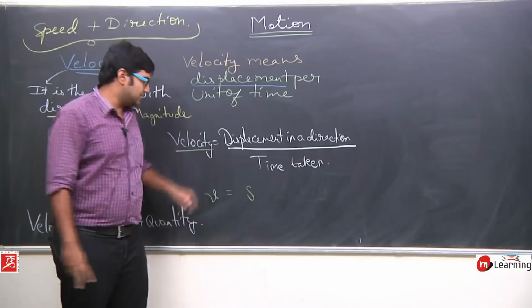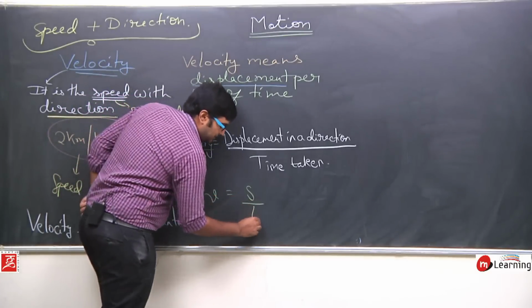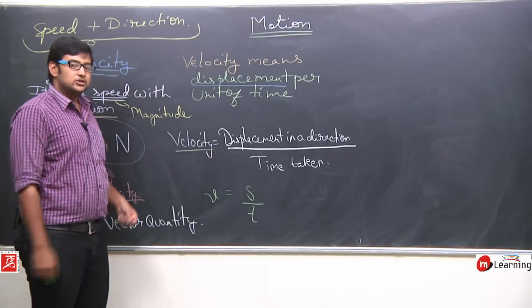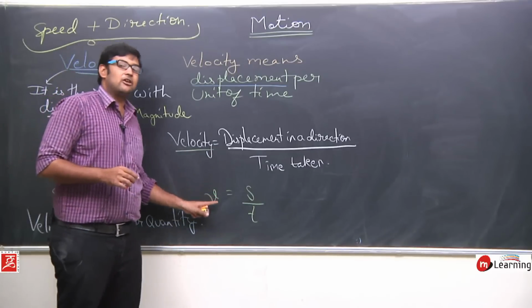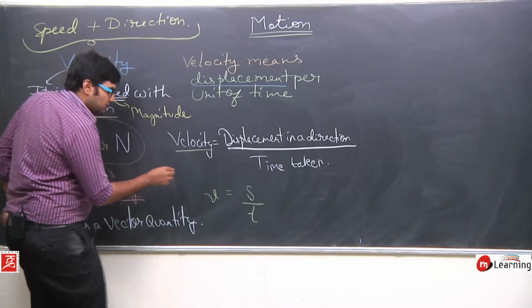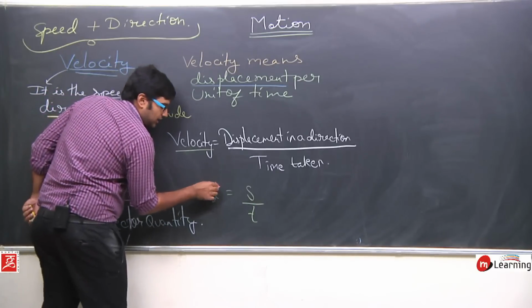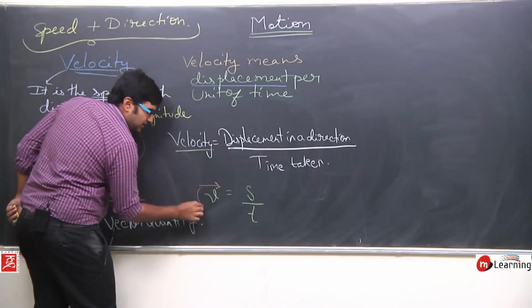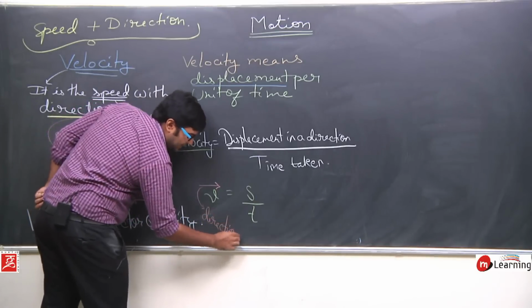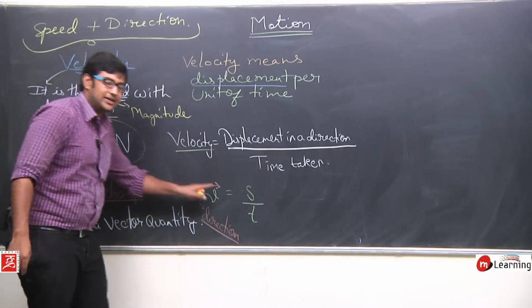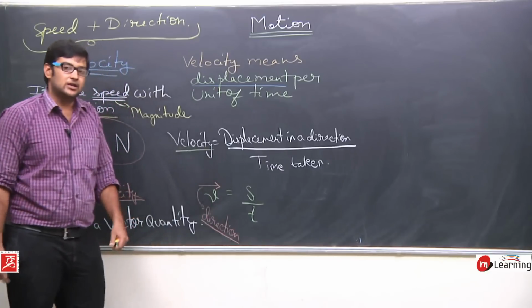So S upon time taken, which is represented by T. Since velocity is a vector quantity, to show that we will put an arrow on it. This arrow represents direction, and that this quantity is a vector quantity.